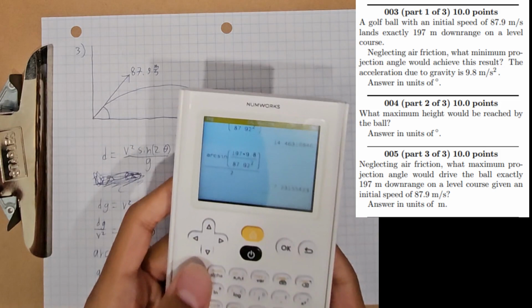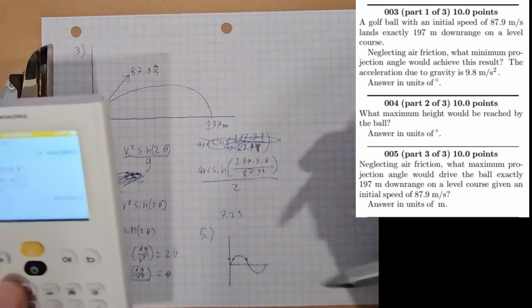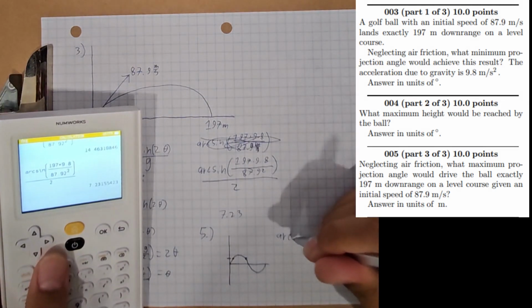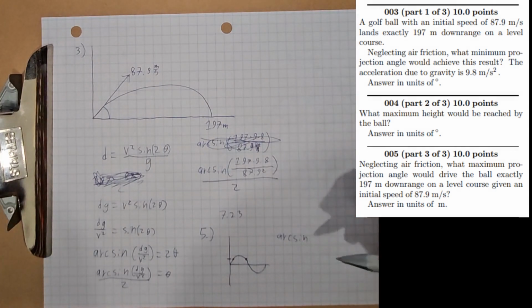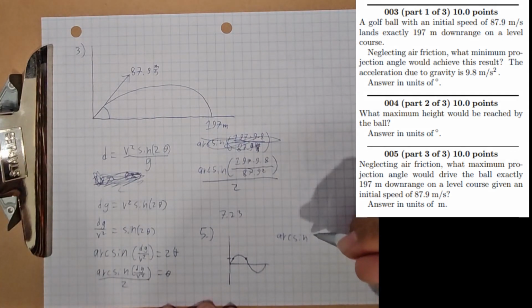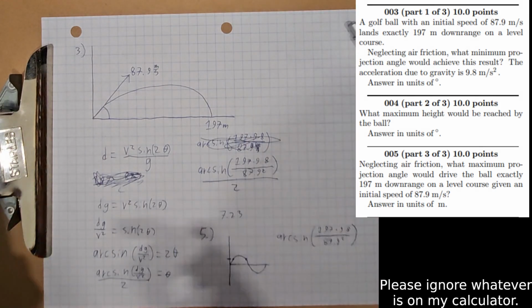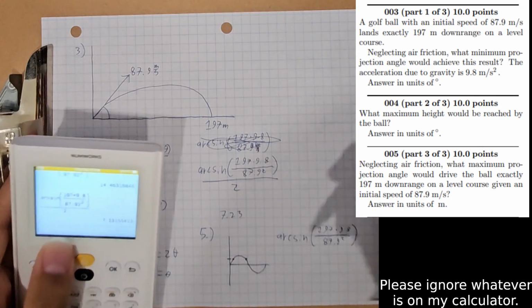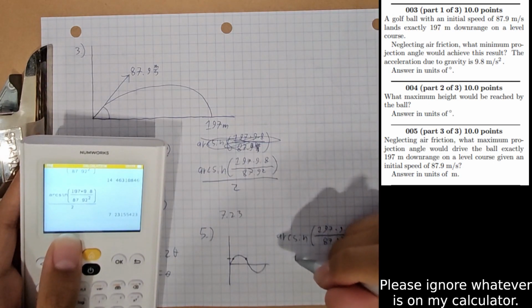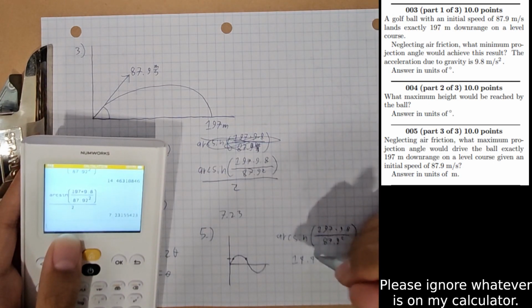So we're going to do the arcsine of 197 times 9.8 over 87.9 squared. That is going to have a value of 14.46 for me.